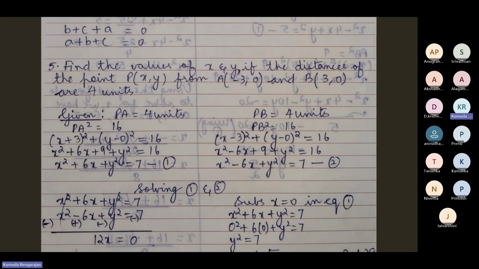So that means PA, the distance of P from A, is 4 units. The distance of P from B is 4 units. So PA is 4, PB is 4. So that means PA square is 16, PB square is 16.